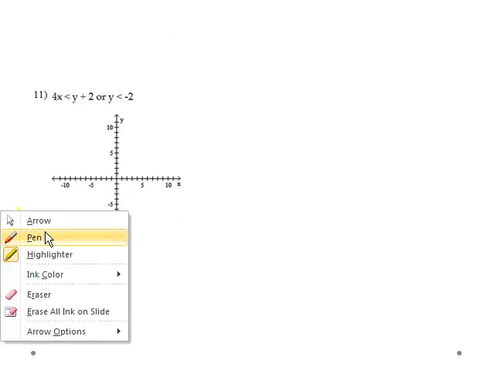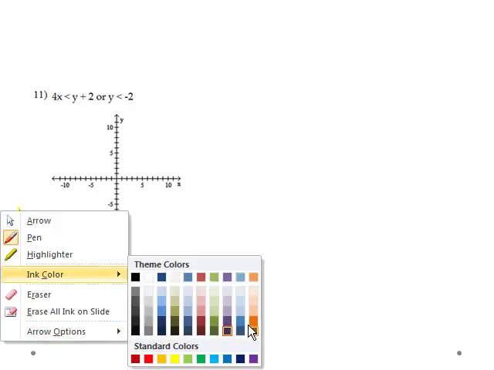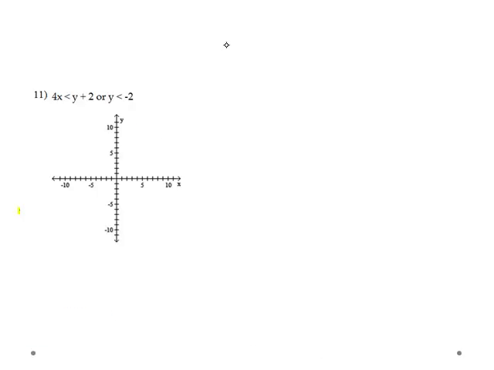Another inequality to graph. Oops, I'm going to change colors. Okay, let's graph the first one with points. If x is 0, y is negative 2. If y is 0, x is 1/2.